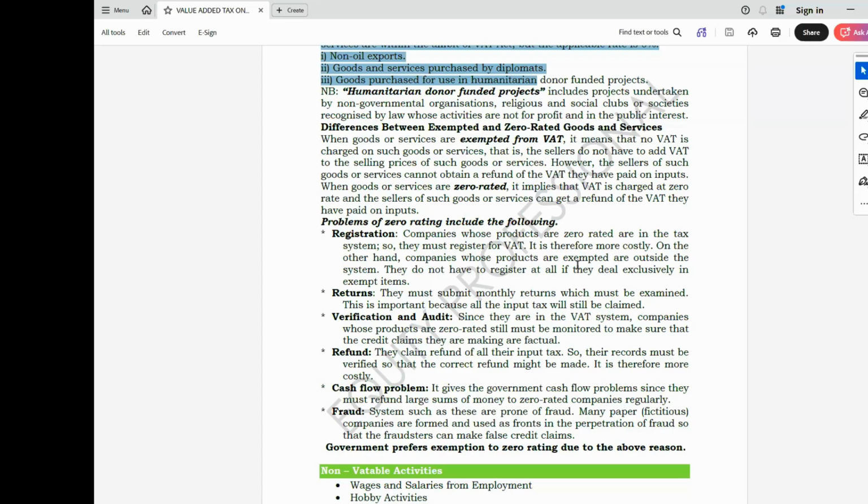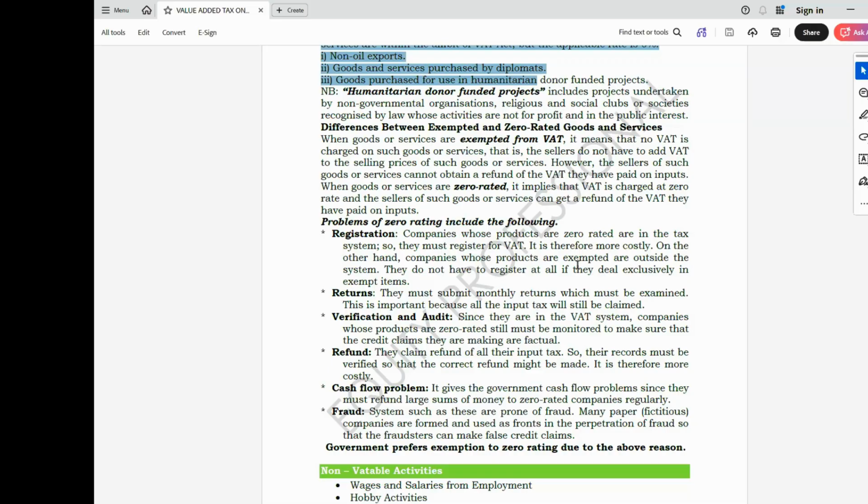So that is the simple difference between exempted and zero rated items. For exempted items, any input VAT suffered will not be available for claim from the output VAT. But in the case of zero rated, any input VAT suffered will be claimed back from the output VAT, or can be refunded if there is no output VAT.